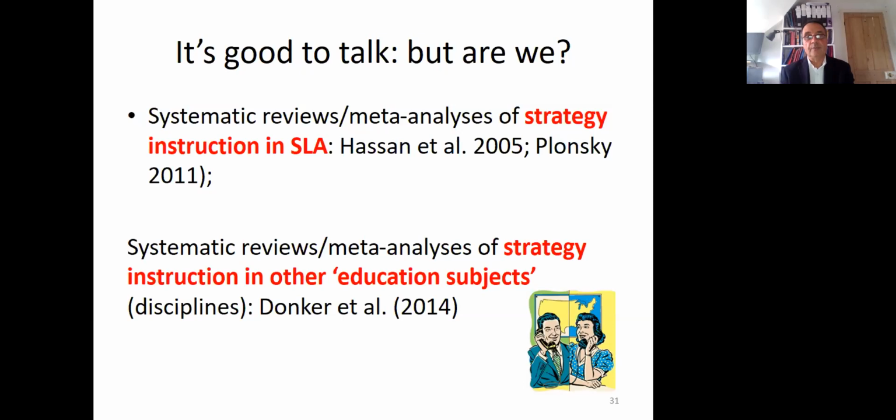But we're not talking to one another. One of the biggest problems with EMI, I think, at the moment, is this lack of conversation between applied linguists and content specialists. I think that really needs to be tackled in EMI contexts.